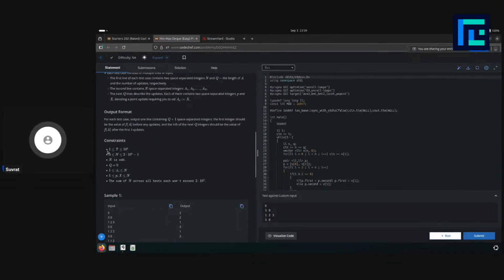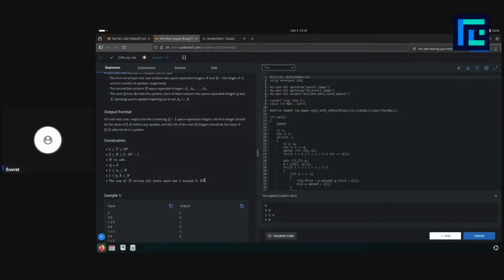And the constraints for this problem are t is less than or equal to 1e4 and n is less than or equal to 2e5 minus 1, n is odd, and ai is restricted to 1 to n. So the sum of n across all test cases won't exceed 2e5. So basically, since the sum of n over all test cases does not exceed 2e5, the expected time complexity for this problem, we can assume, would be O(n) or O(n log n) at max.